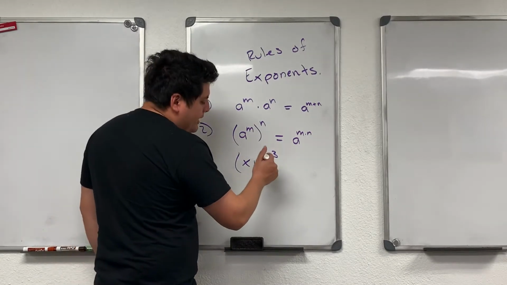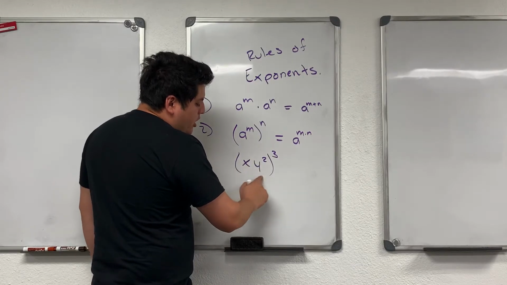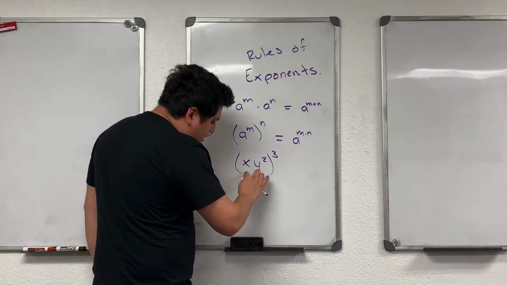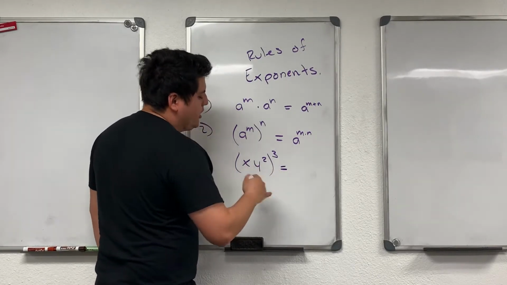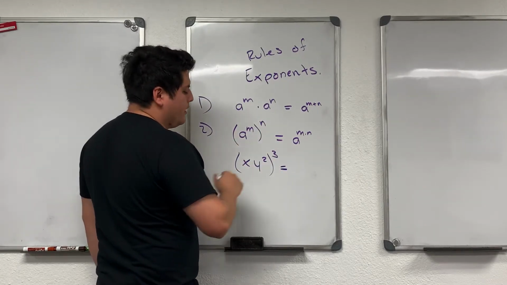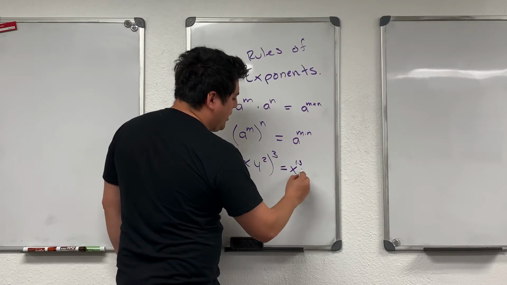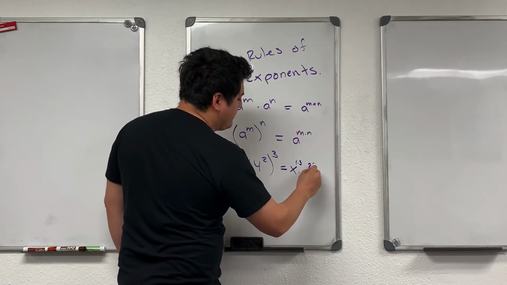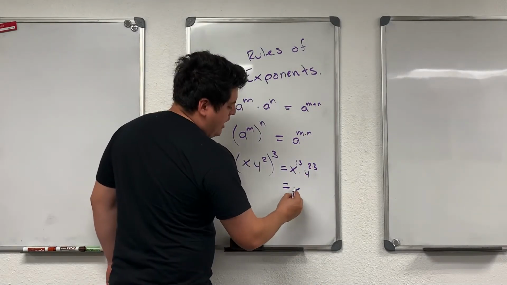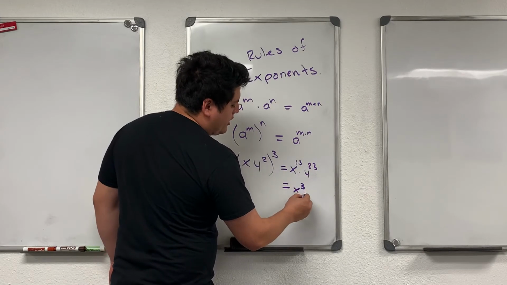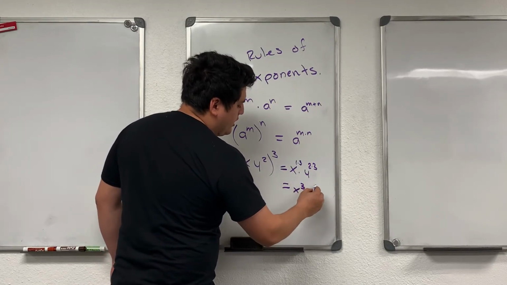This 3 is going to be distributed into each one of the terms inside of this parenthesis to yield the following: x to the 1 times 3 times y to the 2 times 3. This is just the same as x to the third times y to the 6.